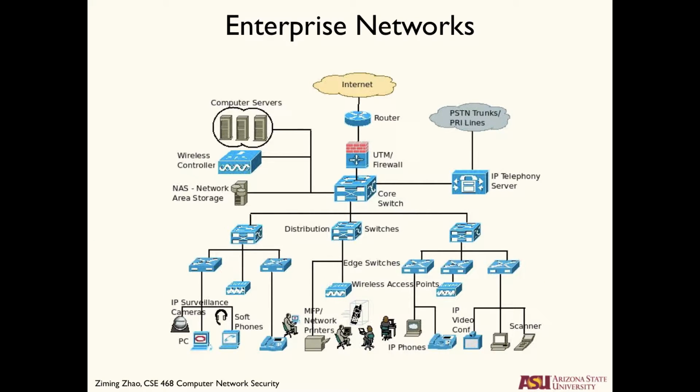In our current enterprise networks, it's very complicated. Usually, like at ASU, we have a big router connecting the ASU intranet to the internet. After that, we have a lot of firewalls, intrusion detection systems, and many switches. All of them are switches.